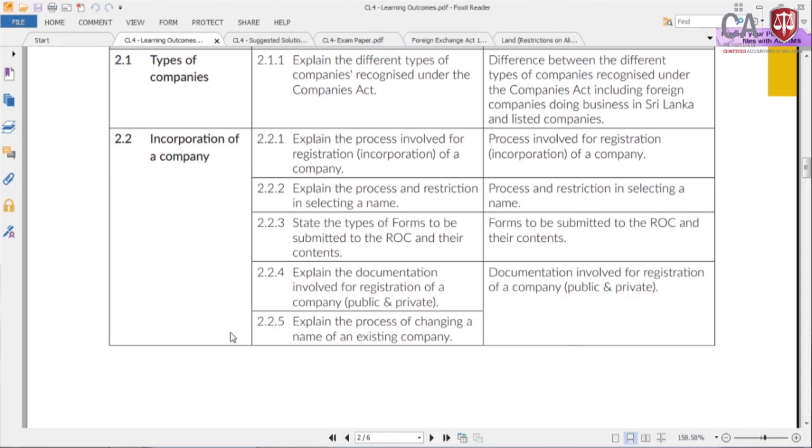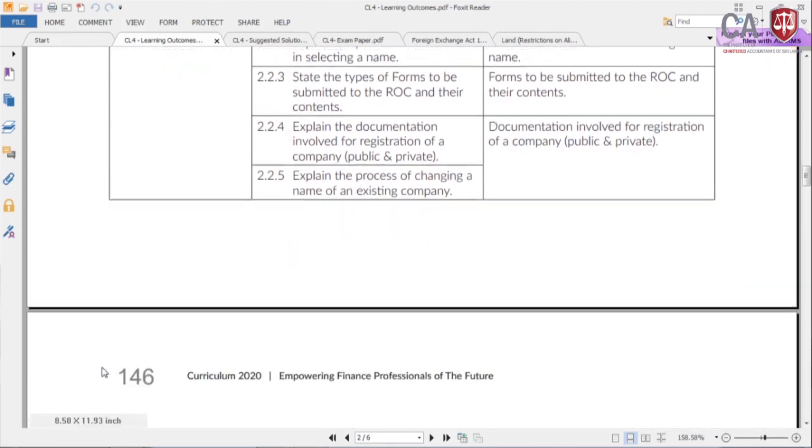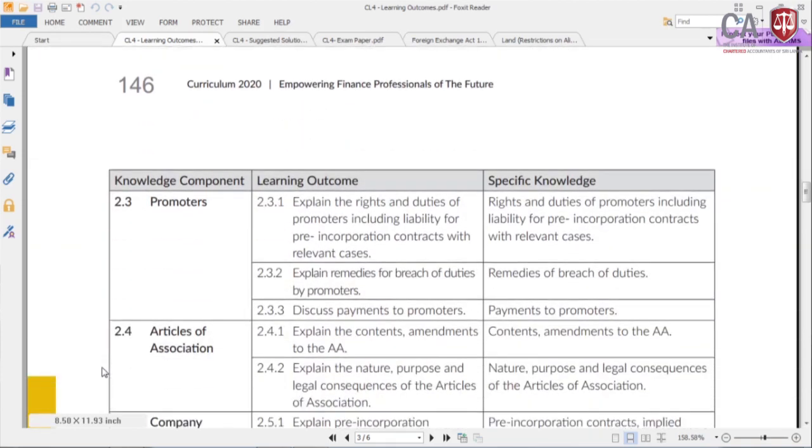Then explain the documentation involved for registration of a company, both public and private companies, and explain the process of changing the name of an existing company. So the documentation involved for registration of a company, whether public or private, you should have a thorough knowledge.